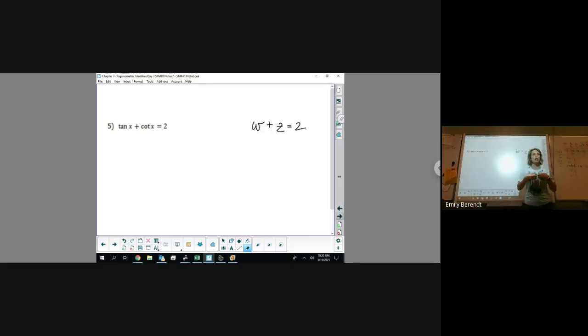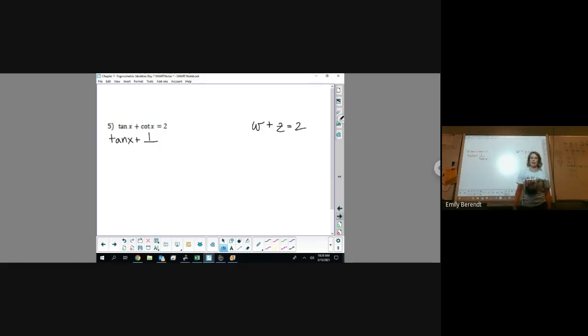Now, let's choose the one that we're more familiar with working with. Are you guys more familiar with ratios of tangent or ratios of cotangent? Usually tangent. So let's go ahead and change cotangent to what? 1 over tangent.